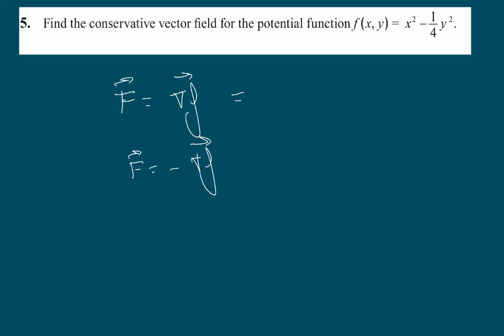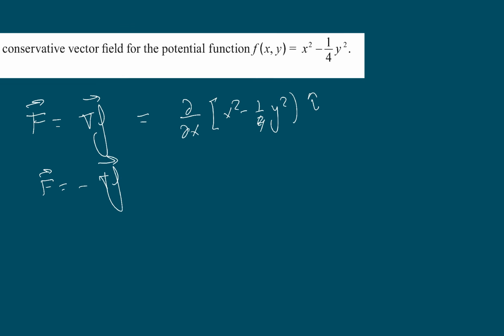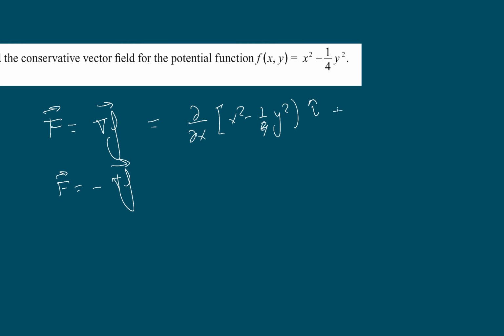So it will be the partial derivative with respect to x of f, of x squared minus 1/4 y squared, i plus the partial derivative with respect to y of f of xy, x squared minus 1/4 y squared.